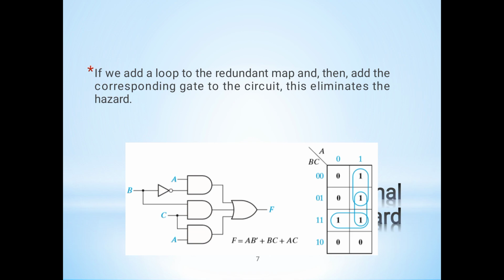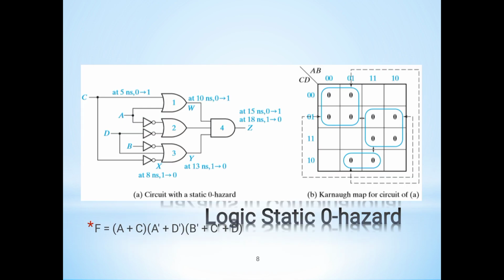By combining those SOPs with the term ac, the unwanted switching can be eliminated. This is how we eliminate it: the nearest possible adjacent grouping should also be done. That is the basic concept behind eliminating the static one hazard.